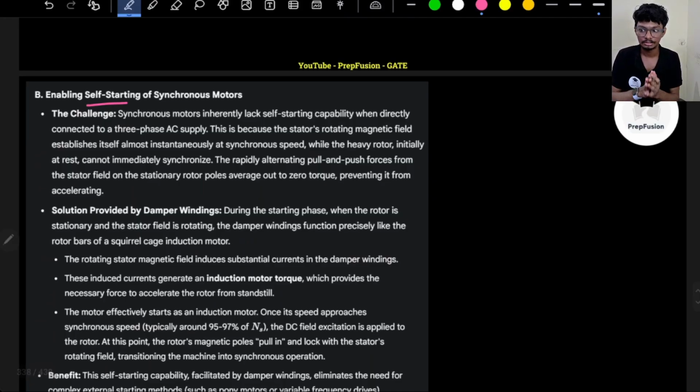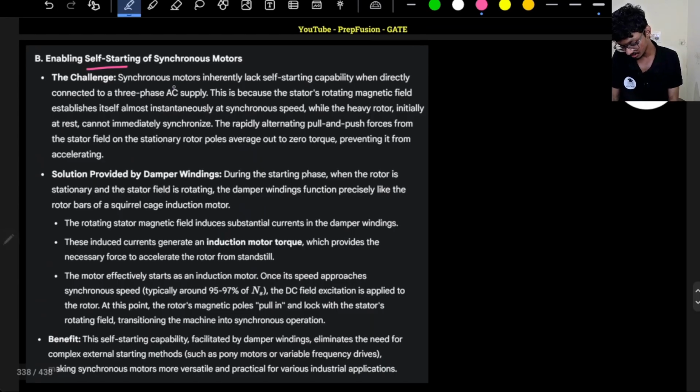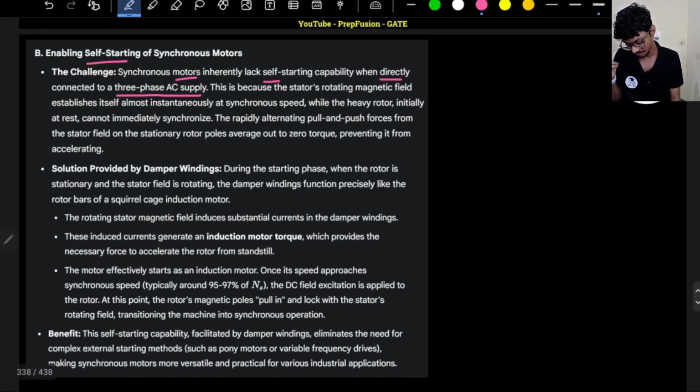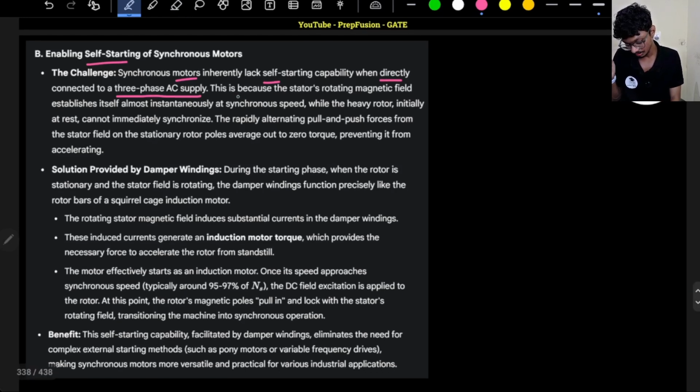As I have mentioned, the average torque is 0 initially when the rotor is at rest. So the synchronous motor inherently lacks self starting capability when directly connected to a three phase AC supply. This is because the stator rotating magnetic field establishes itself almost instantaneously.